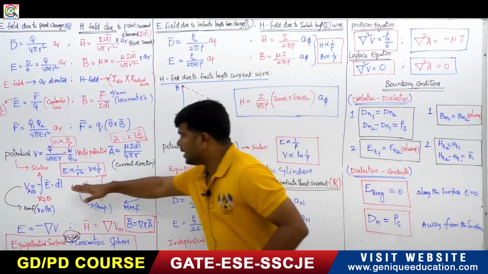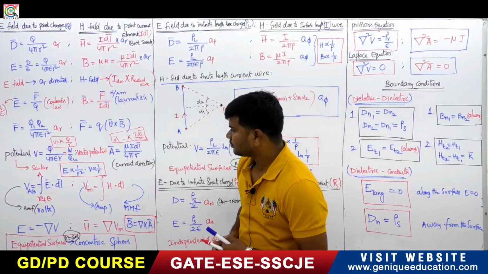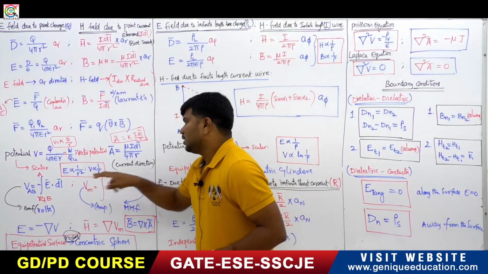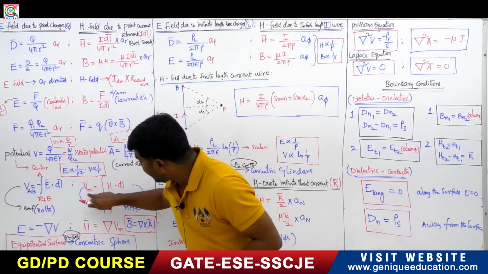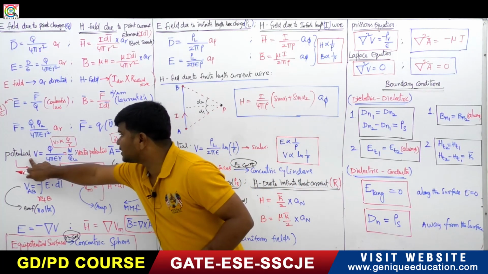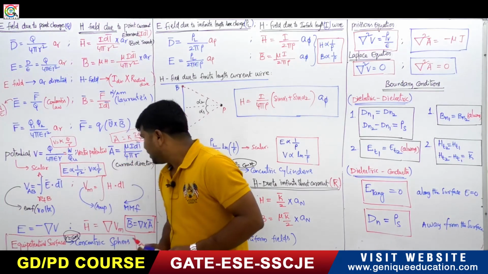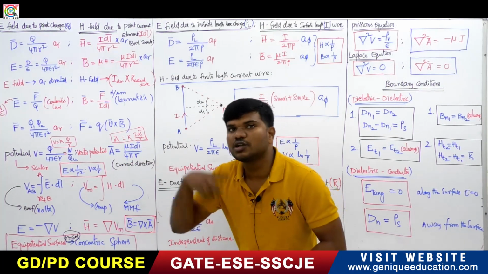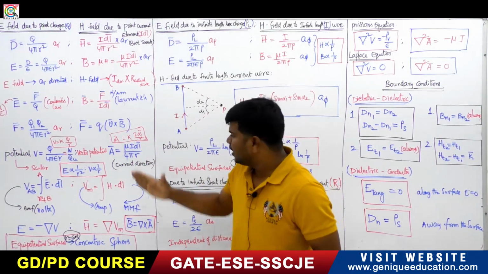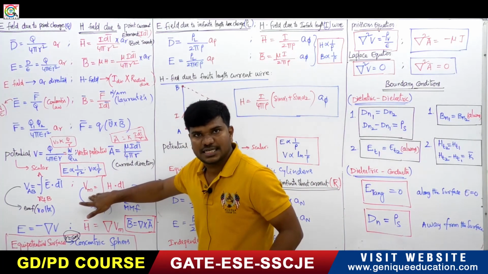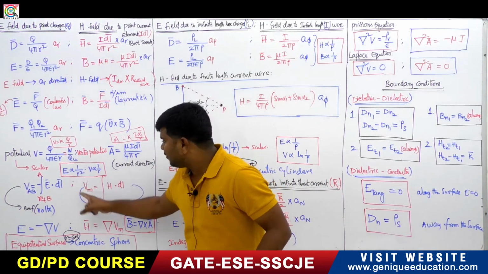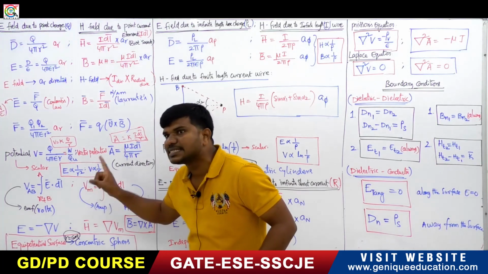And similarly, I am writing one more. Observe this. It is a scalar potential in the electric field. So I am defining one more scalar potential in the magnetic field, the magnetic scalar potential.